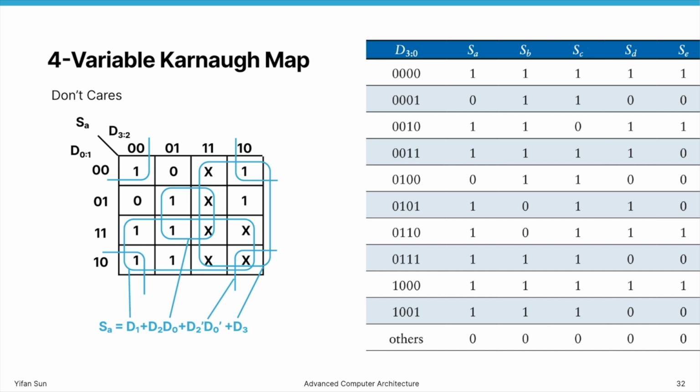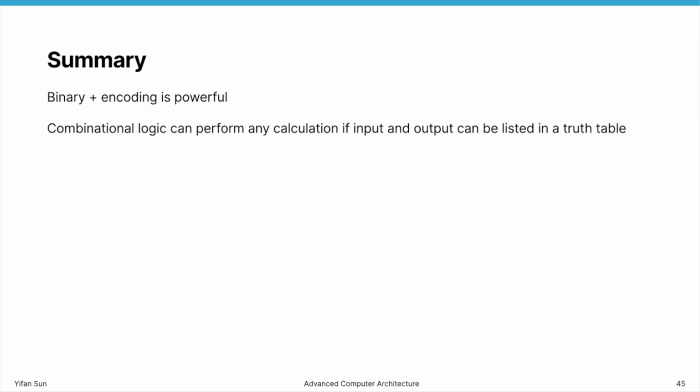Okay, so at this stage, I think the takeaway is, we should be done with this lecture. If we know the input and output, if we can write it down as a Boolean expression, or as a truth table, we can design a combinational logic that can achieve the result, right?